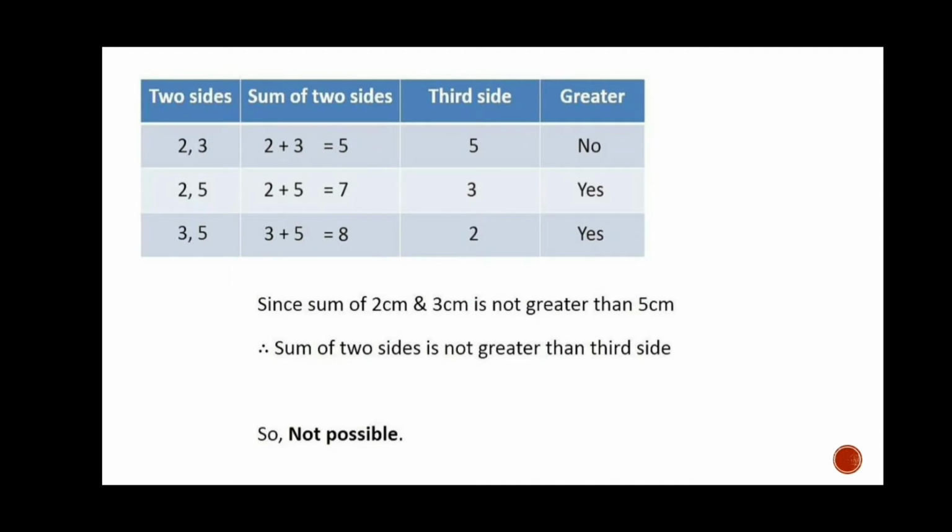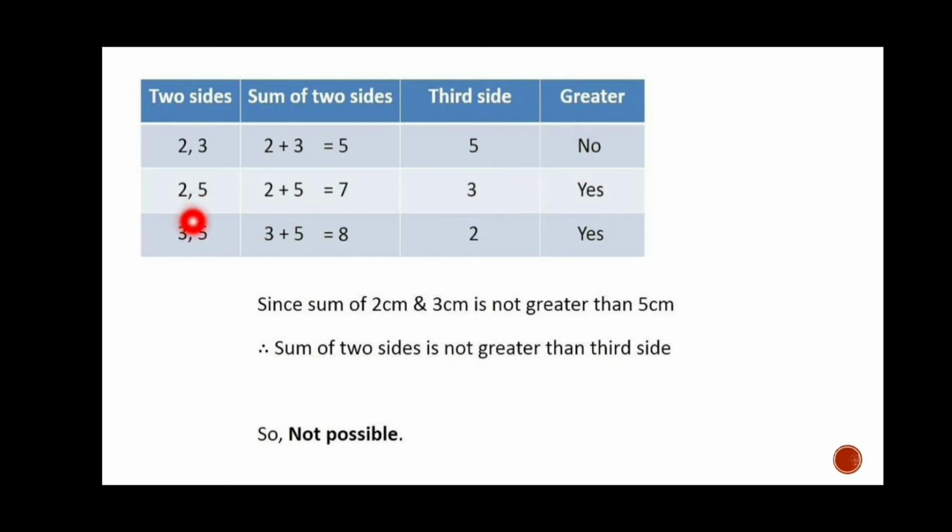So one by one we will take a pair of the sides. Suppose here we have taken 2 and 3. Now 2 plus 3 is equal to 5, and the third side is also 5. So here you can see 5 and 5 are both equal. It is not greater. So here the side sum property will not apply. So hence it is no.